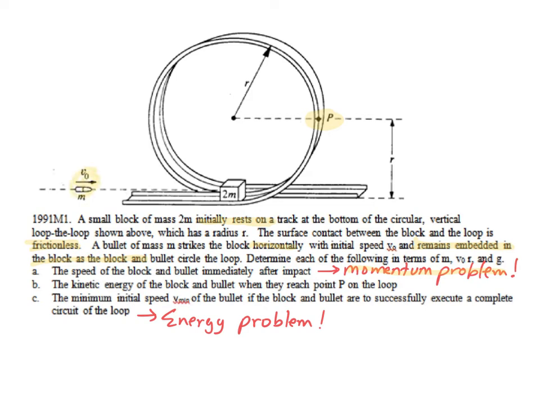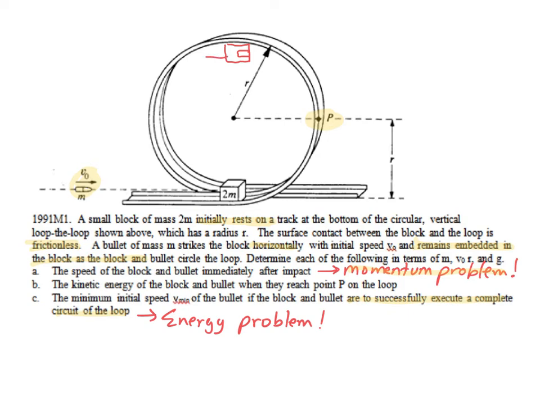What's the smallest speed the bullet can have so that the block and the bullet are able to successfully execute a complete circuit around the loop? So the smallest speed of the bullet will give you v min of the bullet in the block. I'll just draw a little bullet in here like that, that the bullet's embedded in the block.